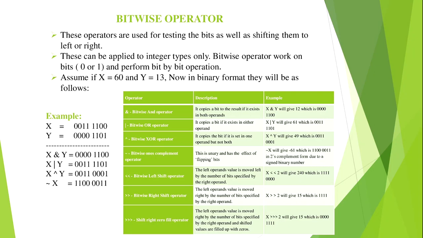And again 0 0. You remember that in exclusive OR, if both bits are the same then you will get the output as a 0, otherwise you will get the output as a 1.